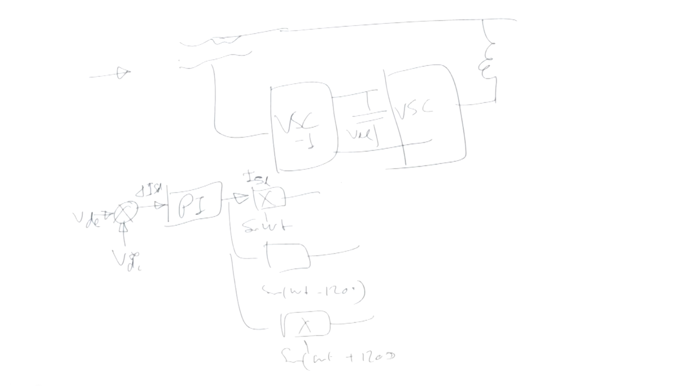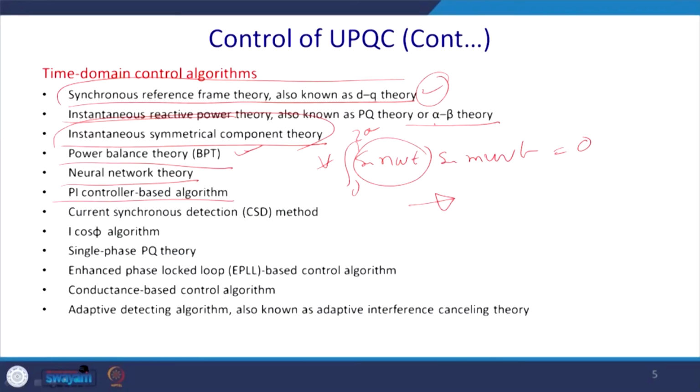So you get the references ISA of t, ISB of t and ISC of t, and you subtract this from IL and inject it. This is also called the indirect method, and it has been used for controlling the StatCon indirectly. So this is the PI controller based algorithm.